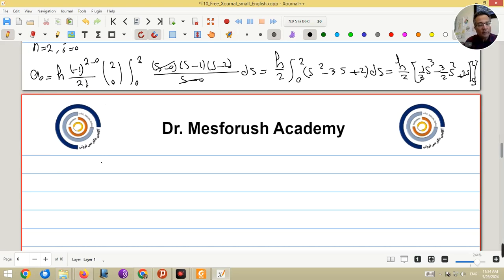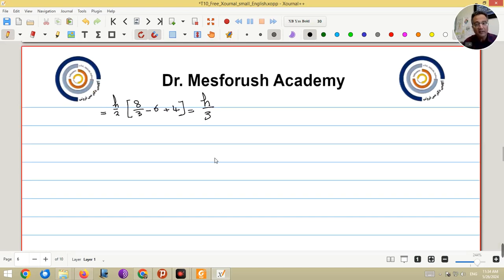Now you have to compute this value. This is h over 2 times, and here you will get h over 3 minus 6 plus 4, and if you compute the value in the brackets, you will get h over 3. This is a0, right?